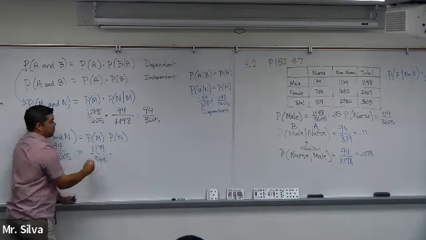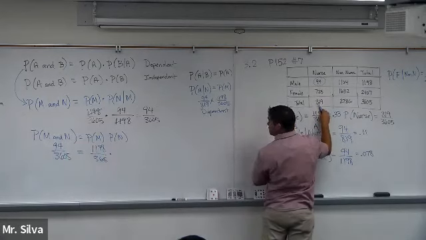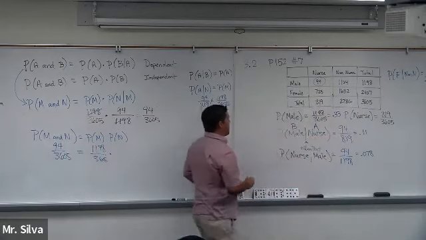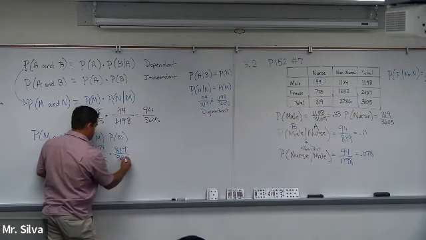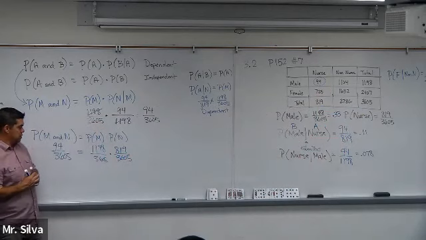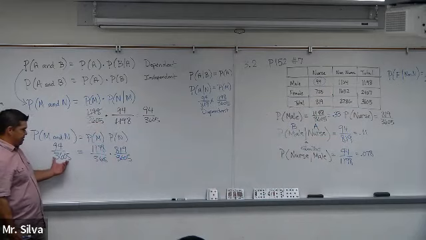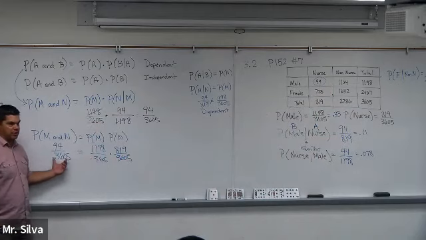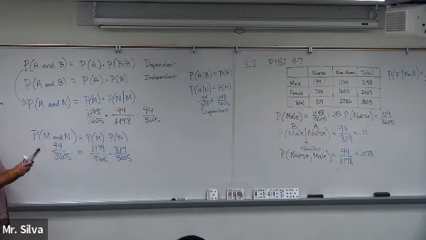Probability of being a nurse. That's 819 out of 3605. Multiply that out, and you'll find that those are not equal. I can figure this out. I'll do it real fast on my calculator. 1198.